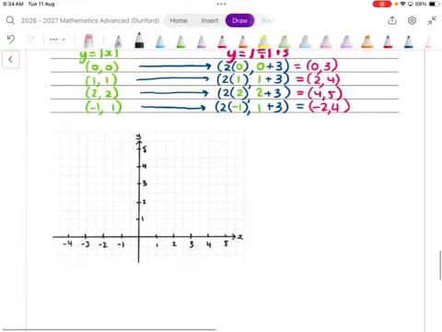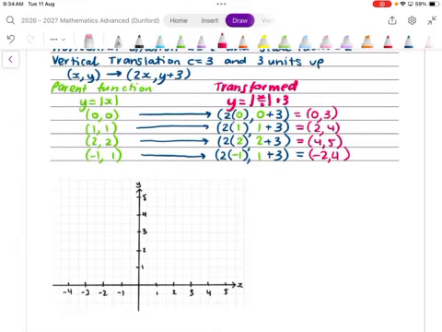So if we sketch our transformed function, we're going to have 0, 3, we're going to have 2, 4, minus 2, 4, and 4, 5. So we can then draw our nice straight lines between our points.